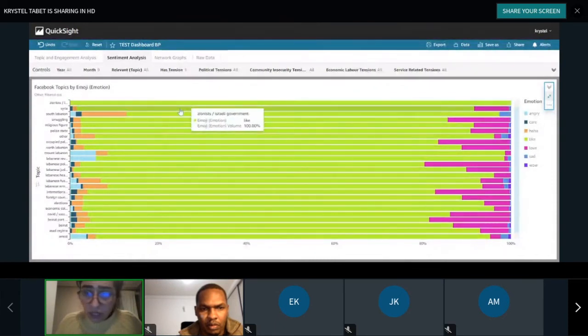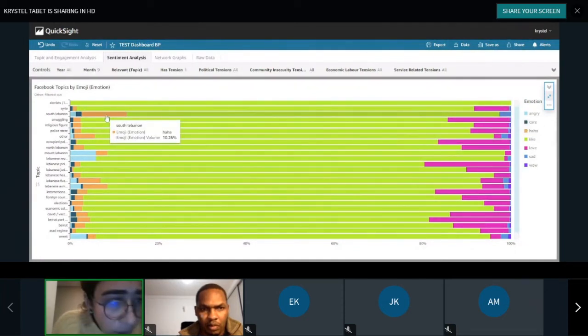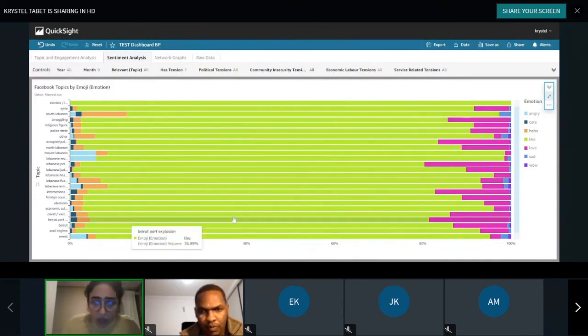On the topic of Syria, we have a lot of love. Love is the most common button. Here, South Lebanon, which is also interesting in September, it's mostly haha. And if we look deeper into it, we'll understand why.